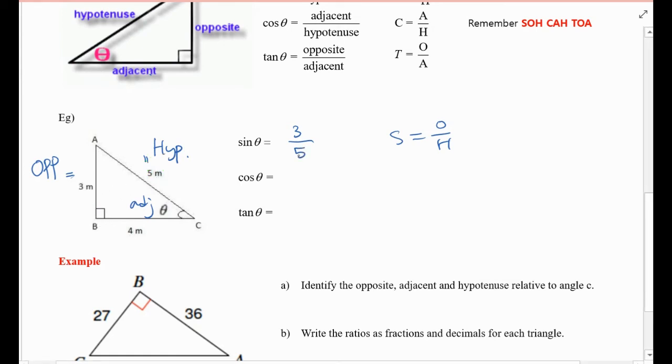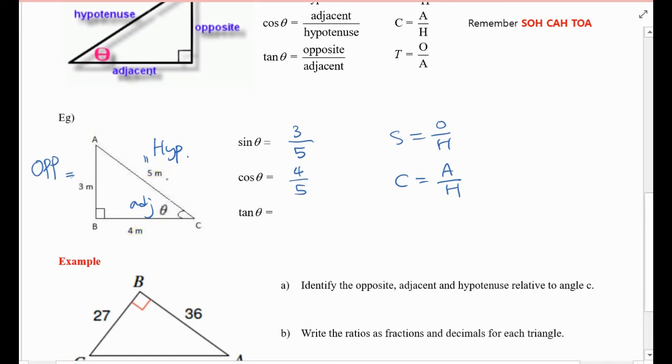So sine theta is 3 over 5. Cosine theta, we know, is A over H, adjacent over hypotenuse. Adjacent is 4, hypotenuse is 5. So that is 4 over 5.